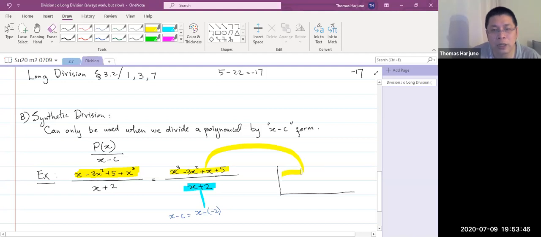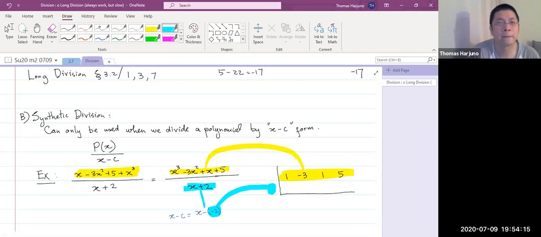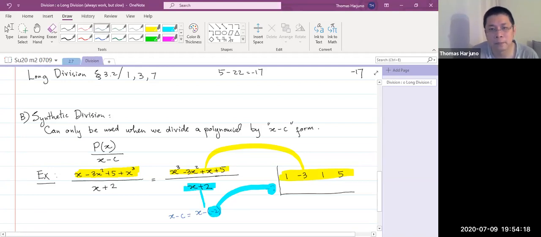The first row inside the box, in descending order, is the coefficients of the numerator: 1, negative 3, 1, 5. And of course, don't forget if you need a placeholder also. Now that's what you have in the first row. The second row on the outside, you will put the c. Because you divide by x plus 2, the c will be negative 2.